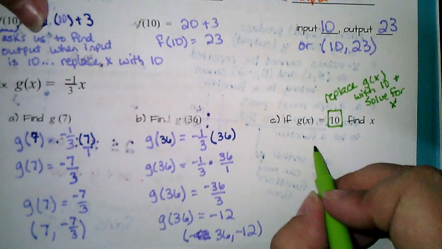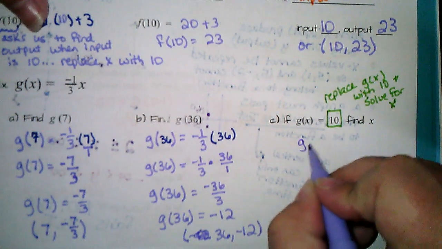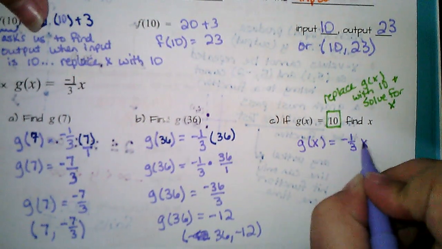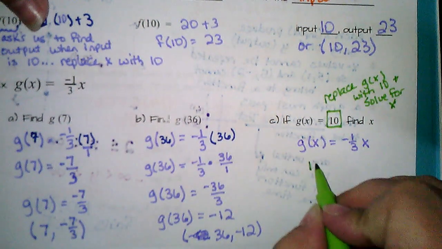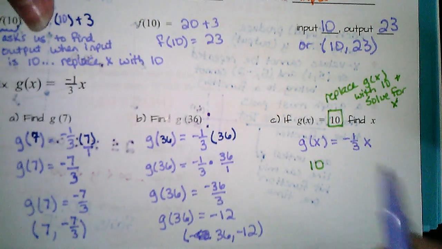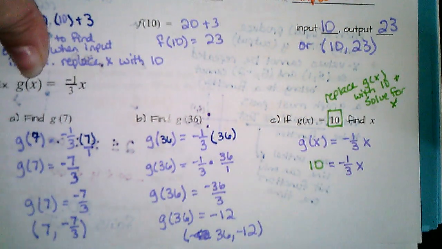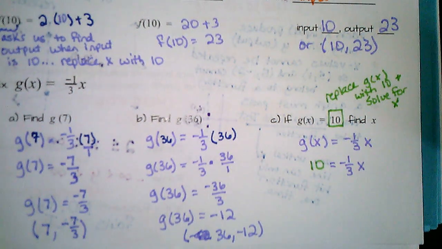Okay, so I had g of x equals negative 1/3 x. But it wants me to take out that g of x and put in a 10. So 10 equals negative 1/3 x.